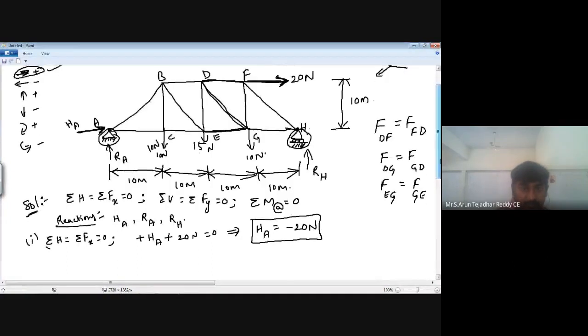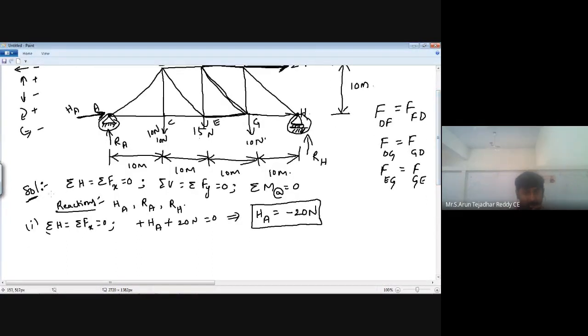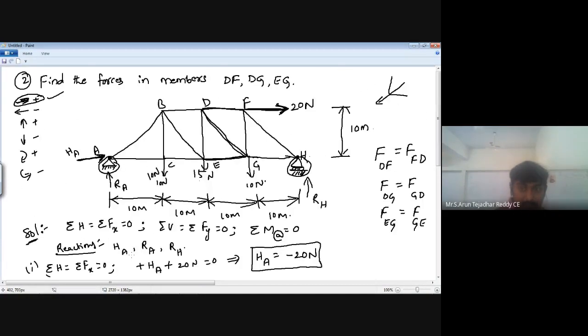Next, apply the second equilibrium equation, that is summation of vertical force, that we can write as summation of Fy is equal to 0. Observe this diagram: totally how many vertical forces or vertical loads are acting, and check the direction of reactions and loads.